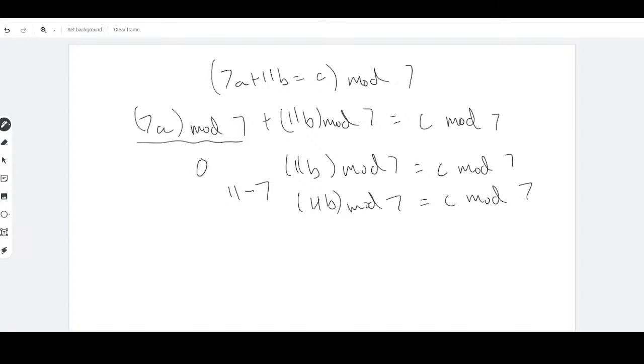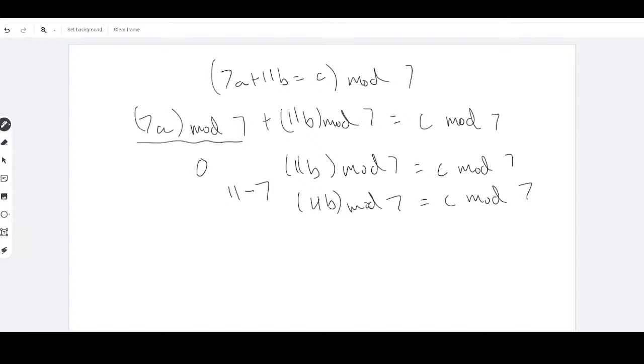So what I was doing earlier was thinking about the possibilities of what B mod 7 would be and what that would make C mod 7 have to be.